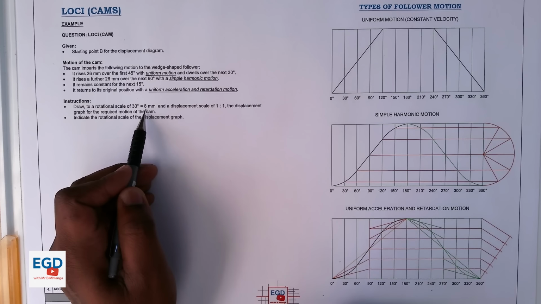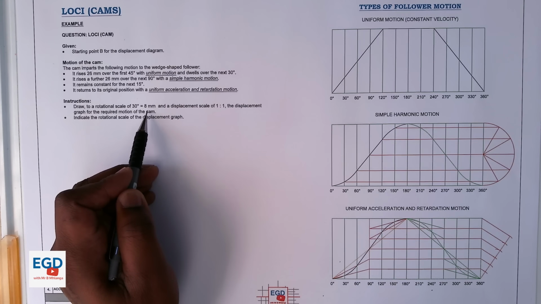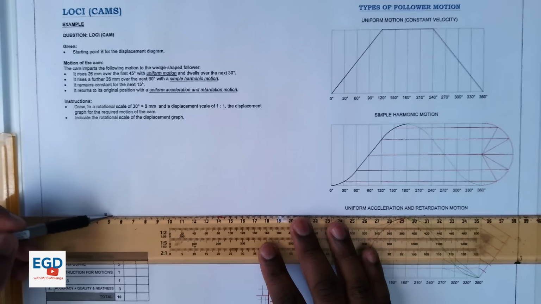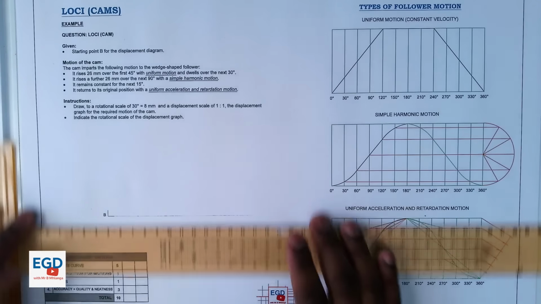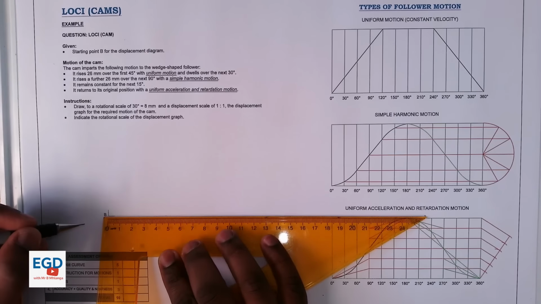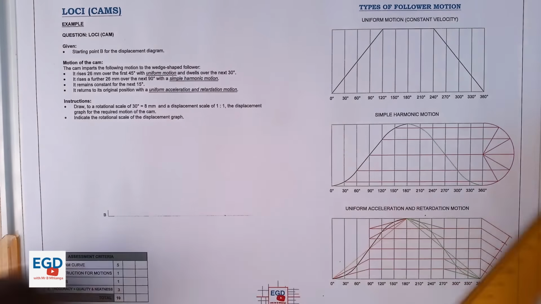So we'll have to multiply this 8 by 12, which is 96. So the distance will be 96 there. I'll just draw a construction line and measure 96. 96 is right there.